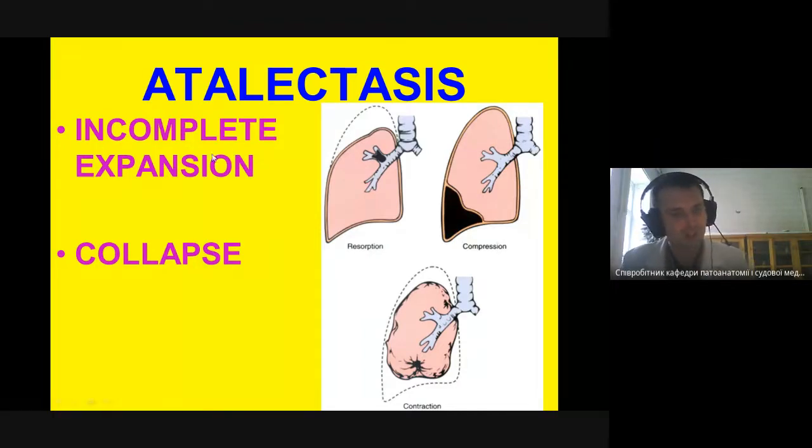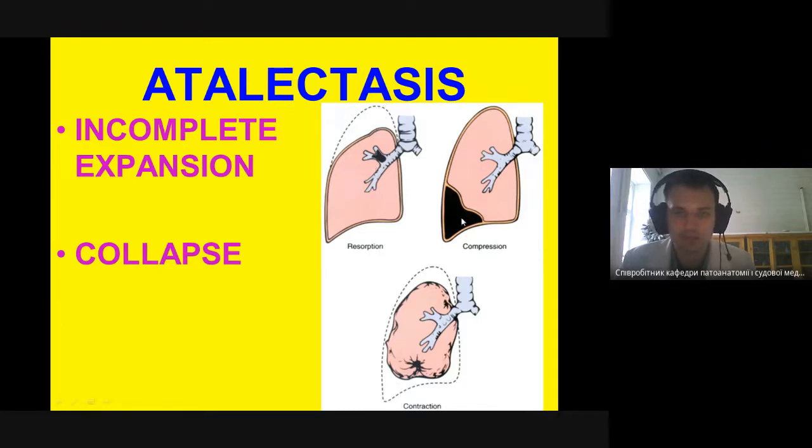Incomplete expansion. Incomplete expansion is when, for example, some tumor grows in the bronchi, and the lung tissue isn't aerated, with resorption of the air from it.